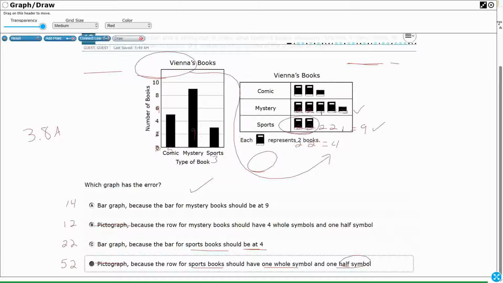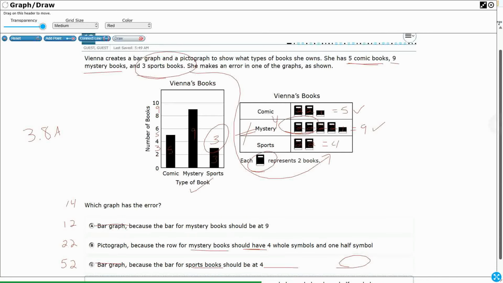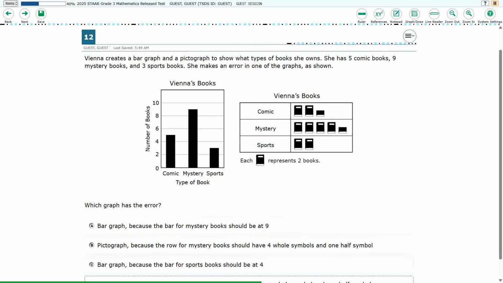If you're just looking at this is 4, this is 3, so they might be thinking, oh, they don't equal each other. So we need to fix the bar graph. So they at least notice that the sports does not match each other on the 2 different graphs. The problem was that they weren't going back to the actual problem stem itself. The sports needed to be 3.